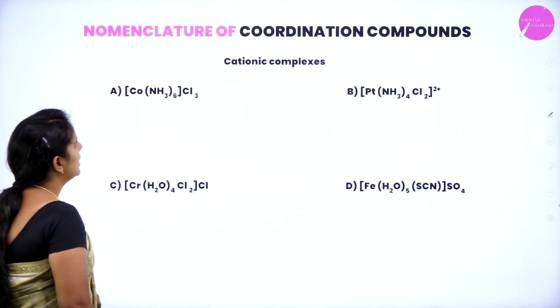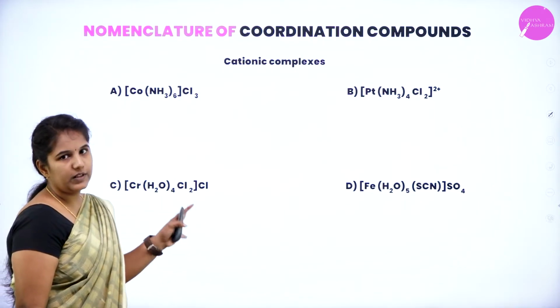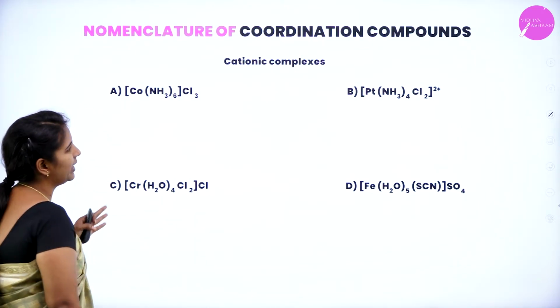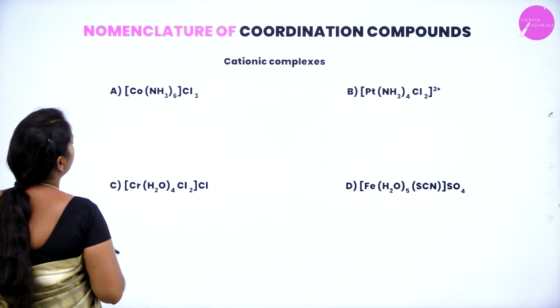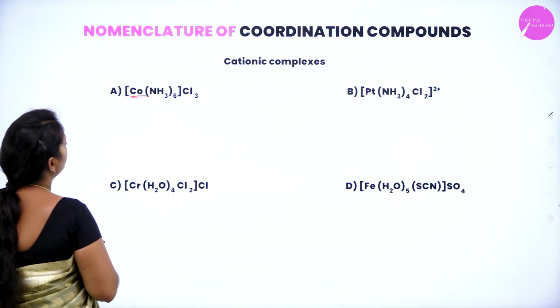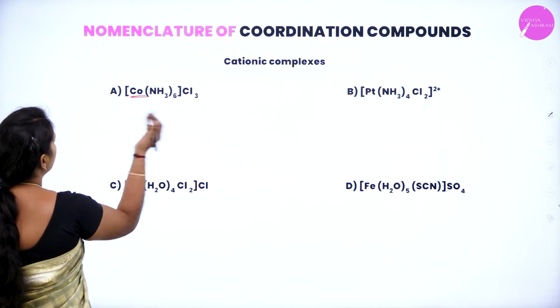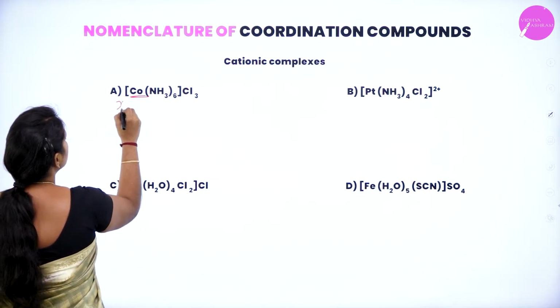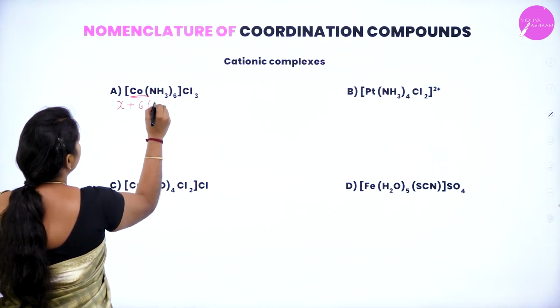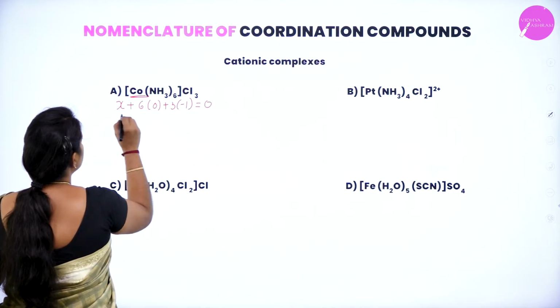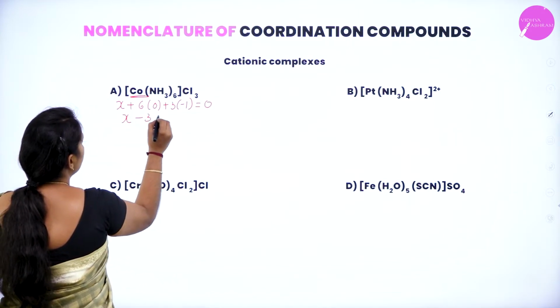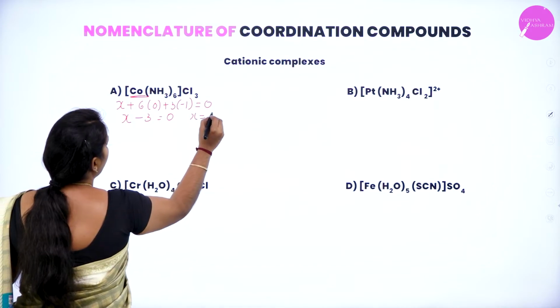Okay. Next, we have some examples of cationic complexes. We'll see how to name these complexes. And the coordination number calculation, I'll go with the first one. For the cobalt, we need to calculate here. So x plus 6 into 0 plus 3 into minus 1 is equal to 0, and x minus 3 is equal to 0, and it carries what?